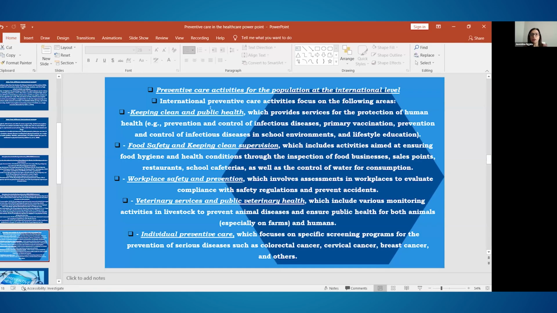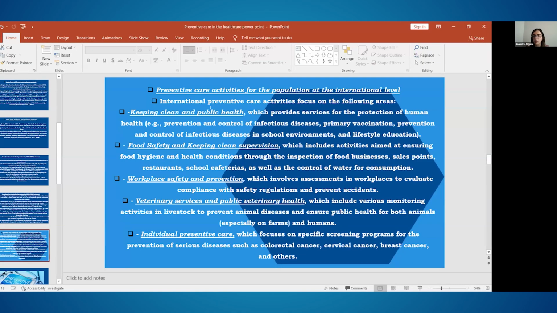So from the international and global literature, healthcare specialists and healthcare services suggest preventive care activities for the populations. I can mention keeping clean and public health, which provides service for the protection of health, and prevention and control of infectious diseases.